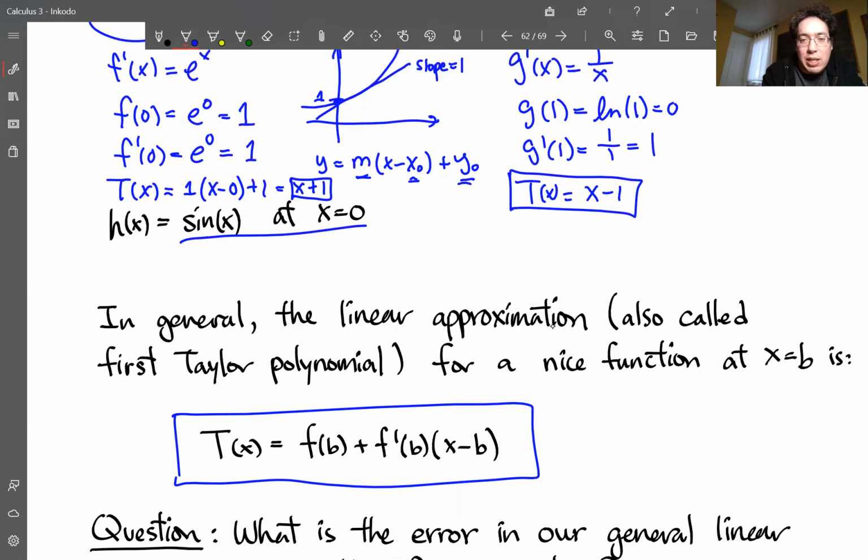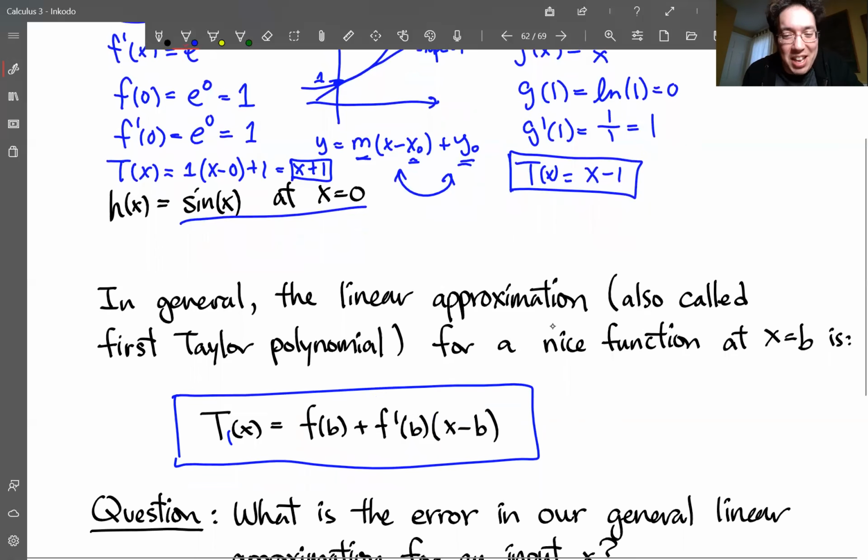So this is the y coordinate at the point where I want it to be tangent, so that's my f of b, plus the derivative at that point, f prime of b, multiplied by x minus the x coordinate where it's tangent. I'm going to call this T, in fact, T1 for first order Taylor polynomial. T is for Taylor, not tangent.